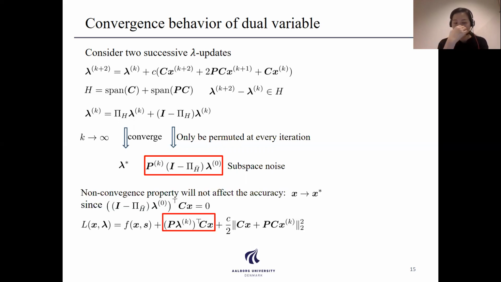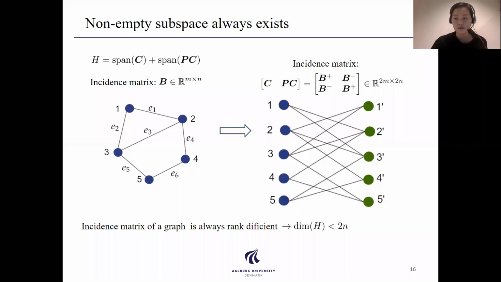And one good thing about this property is that this non-converging property of the dual variable will not affect the accuracy of X, because from the objective function we can see that this non-convergent part is orthogonal to X, and so it does not affect the accuracy of the solution. So there's no trade-off between privacy and accuracy.